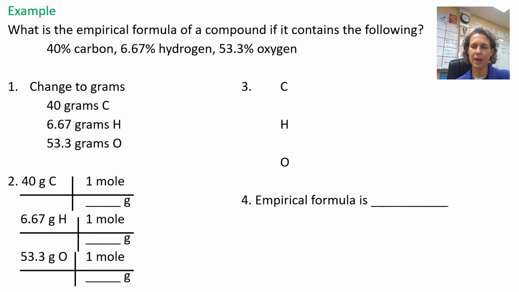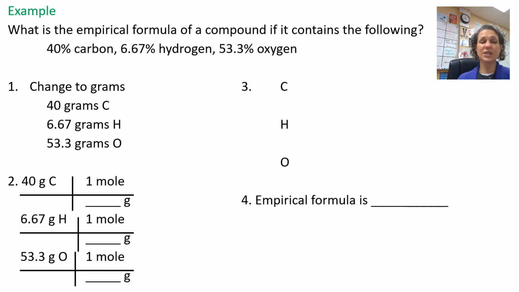I put it all on one page so I could do all the steps on one page. If you're writing the notes, by all means feel free to just kind of list it, one after the other down the page. Okay, so the question is, what is the empirical formula of a compound if it contains 40% carbon, 6.67% hydrogen, 53.3% oxygen?